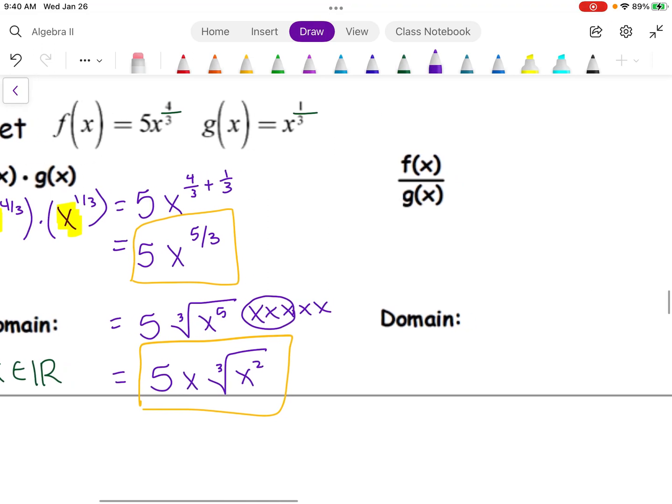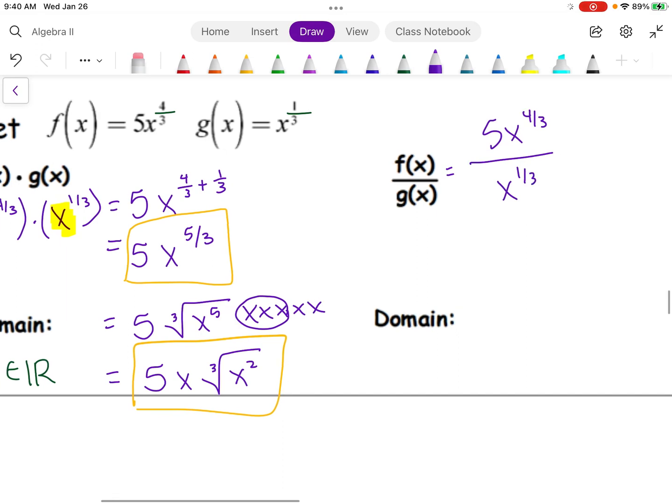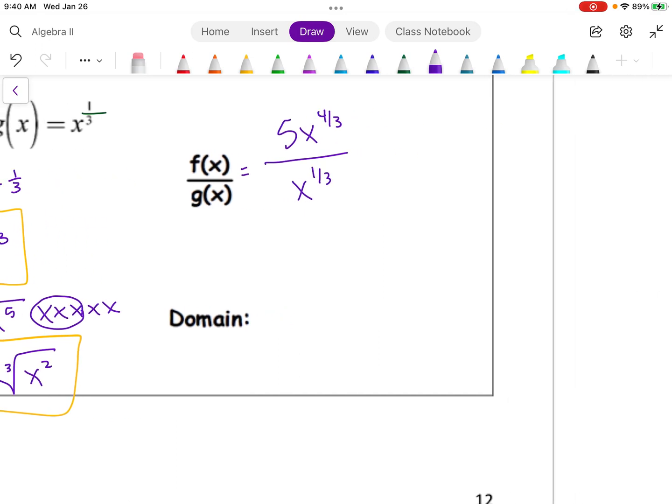So then last but not least, f of x divided by g of x. We have 5 times x to the 4/3 divided by x to the 1/3. Well, this is our quotient rule. So thinking back, our quotient rule tells us to subtract our exponents. Right? So again, these have the same base. That's why we can combine them. So our 5 stays the same, and then we're going to have x to the 4/3 minus 1/3.